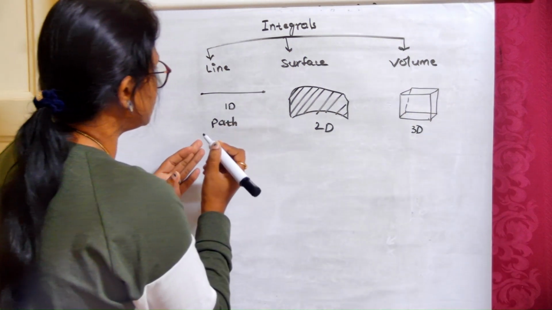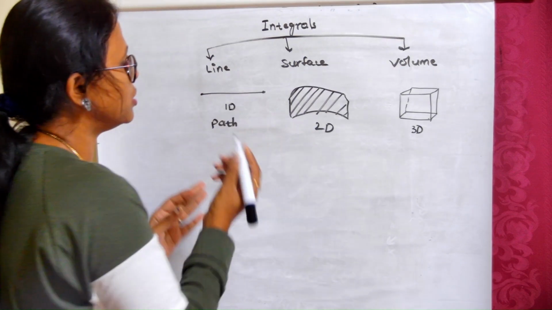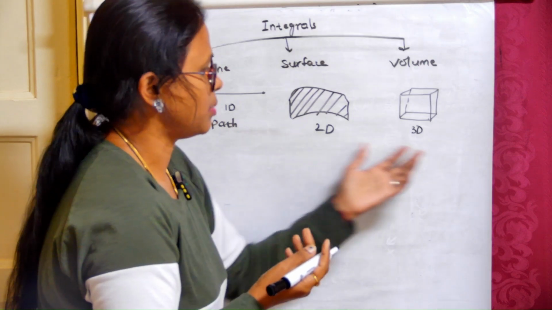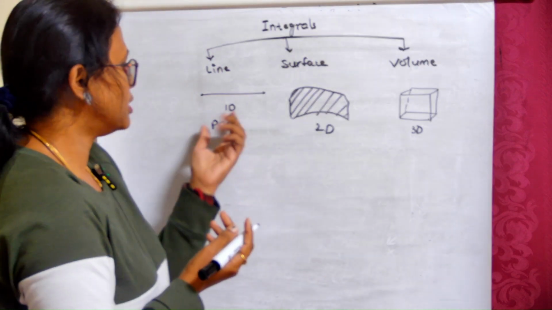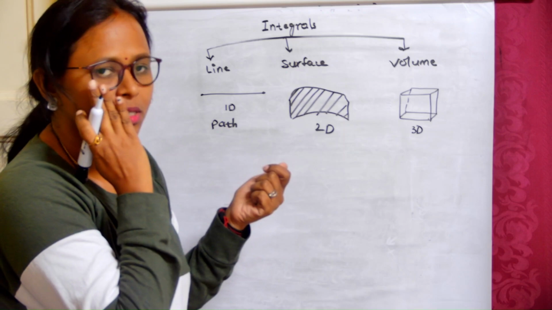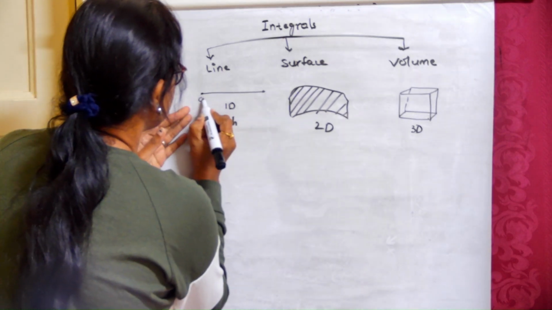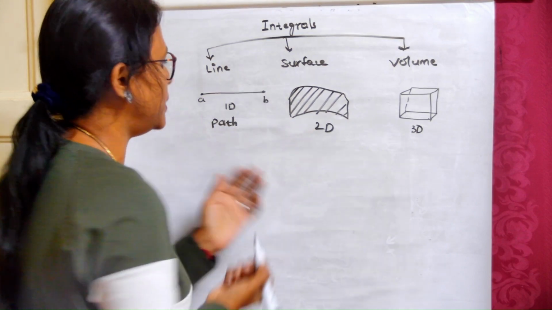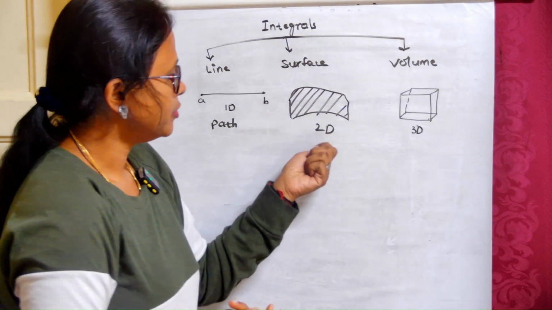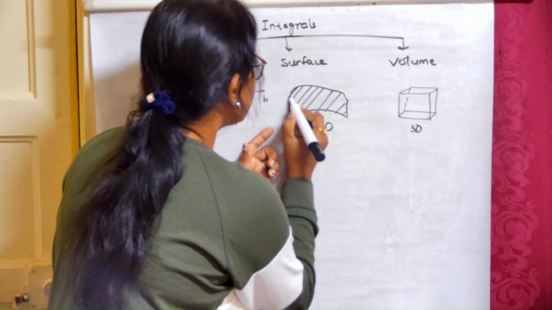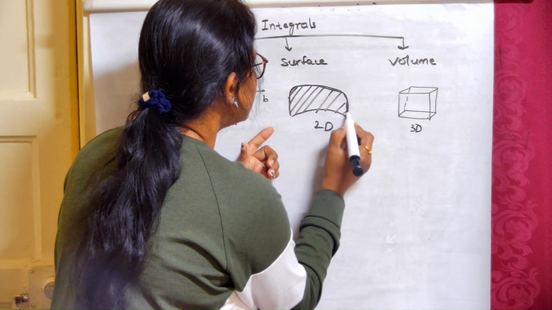So now let us consider what the boundary points are for these three different dimensions. If we are considering one dimension, the boundaries will be the points, the initial and end point, say for example, A and B. When we consider surfaces, the boundaries will be the paths or lines that enclose it.